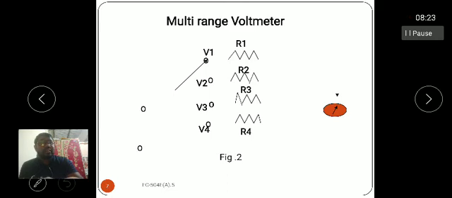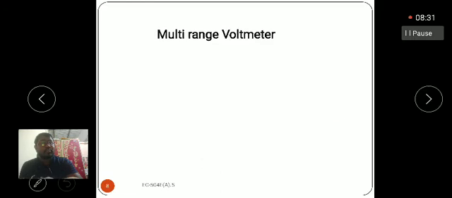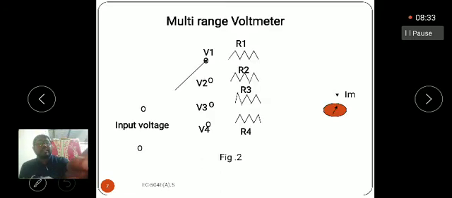Here the meter current is Im. The input voltage is connected to the two terminals, positive and negative. The resistors are connected in series. This meter is called the multi-range voltmeter.